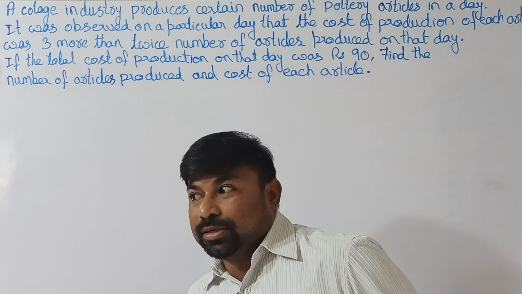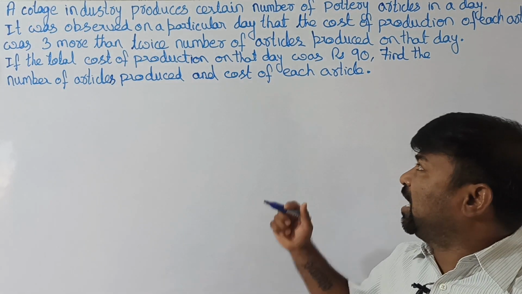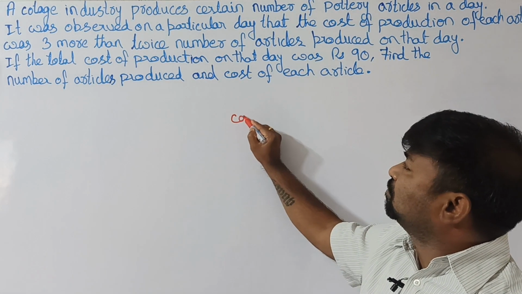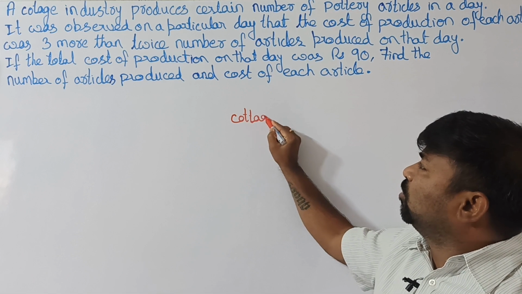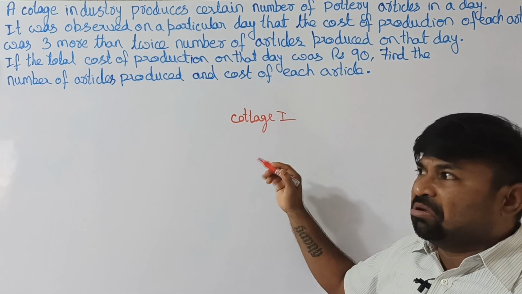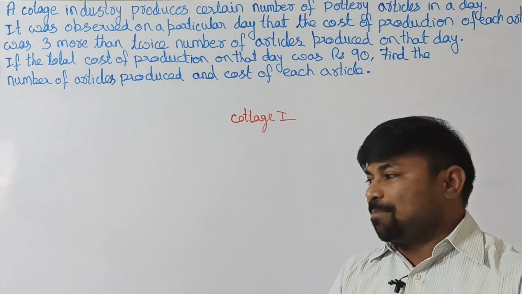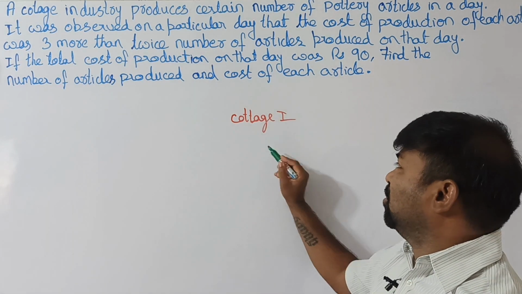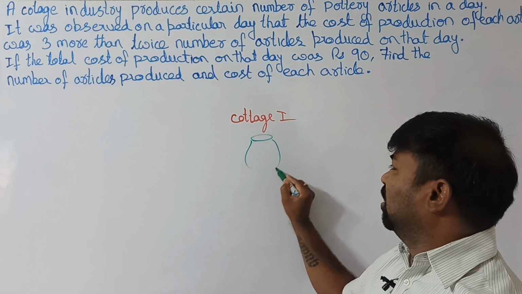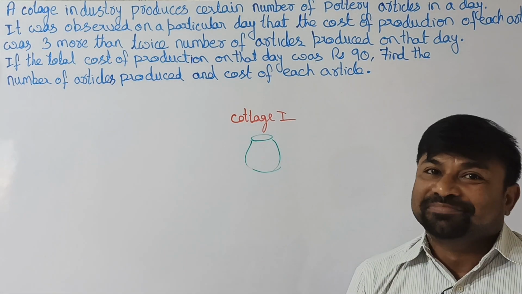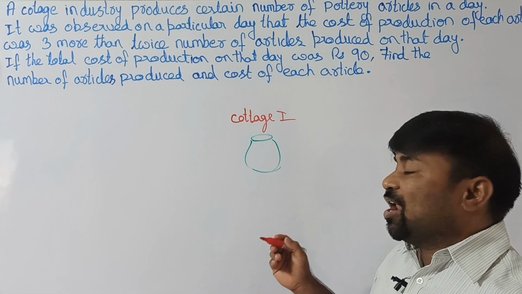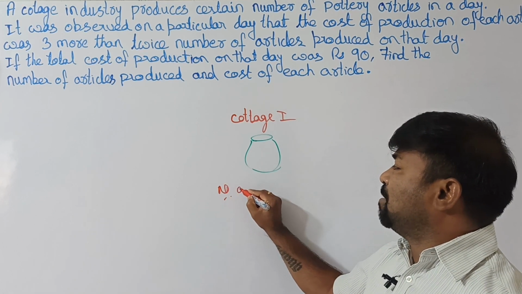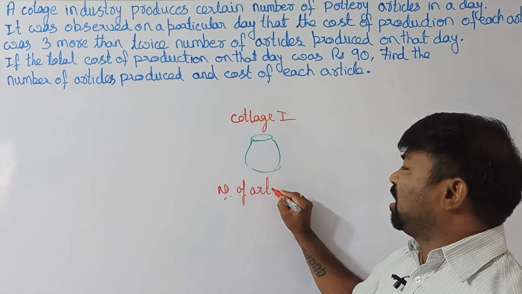Okay, so let me make you understand better. What is the concept we are taking? A cottage industry. Right, we are talking about a cottage industry. I have taken the example of a pot. So this is the article he is making. Now the first concept is the number of articles a day.